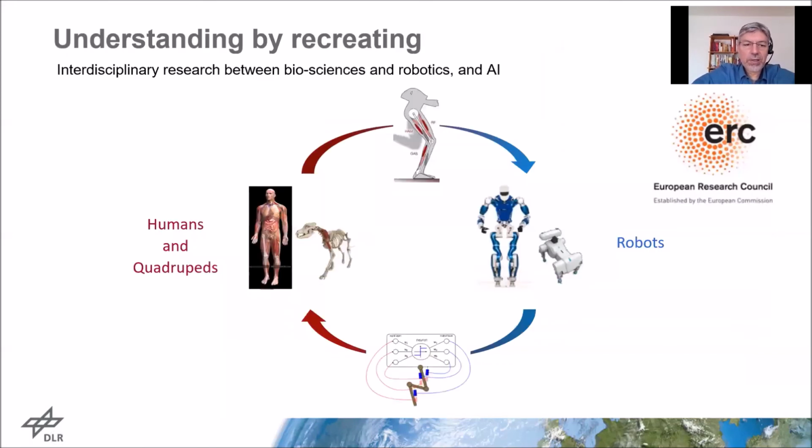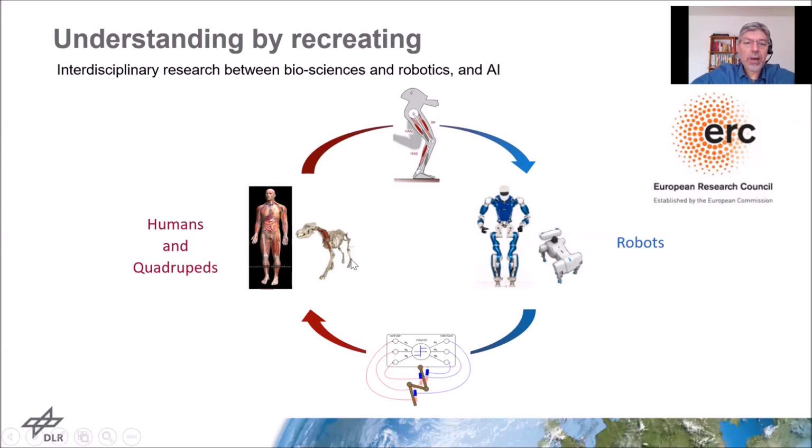And it would be, of course, fantastic if we could bring back our knowledge from robotics to explain biological processes, because this reflects very well the way we perform robotics research in an attempt of understanding by recreating.